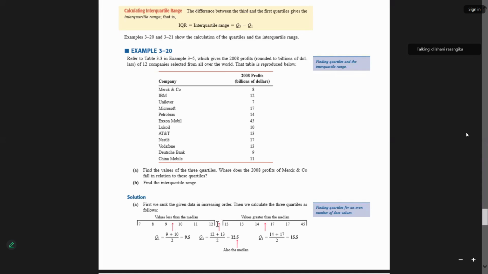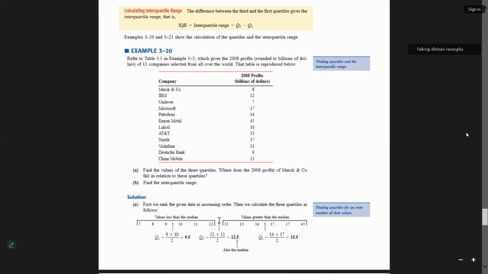That means Q2 is 12 plus 13 divided by 2, which equals 12.5. Okay, then Q2 is done. Then how do we find Q1? We didn't take this value as Q2, and also we didn't take this value as Q2.